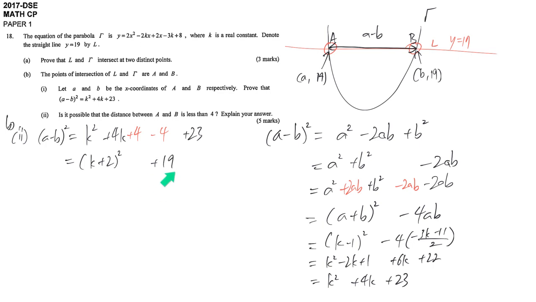That's why the minimum of (alpha minus beta) squared is equal to 19, because a square term can't be negative. So the minimum of alpha minus beta is equal to square root 19, and then this is larger than 4. So even the minimum distance is larger than 4. That's why it can't be less than 4. Therefore, not possible.